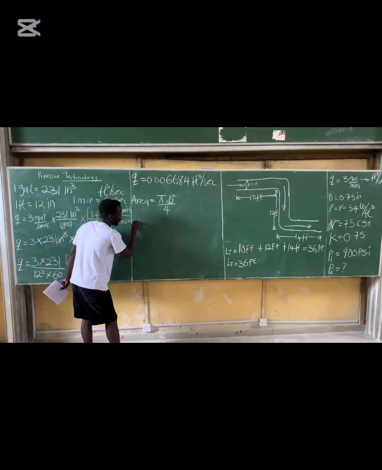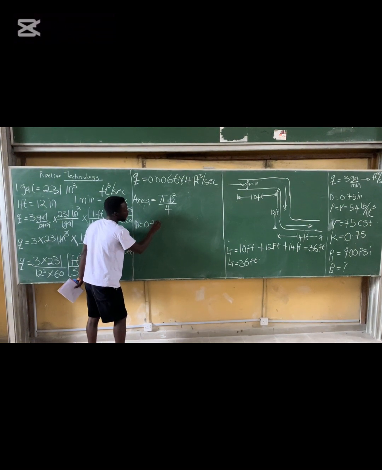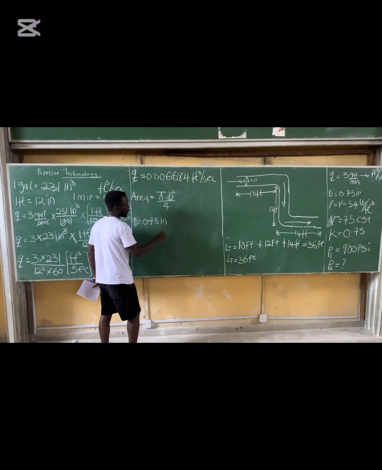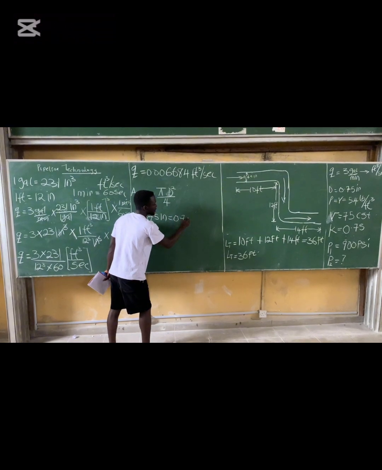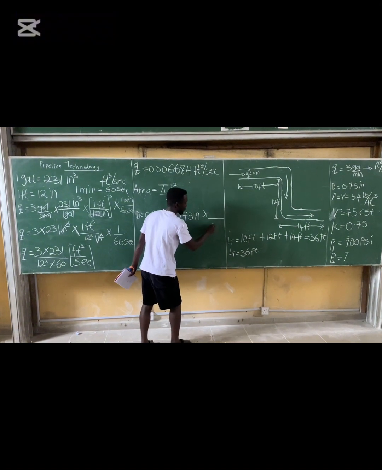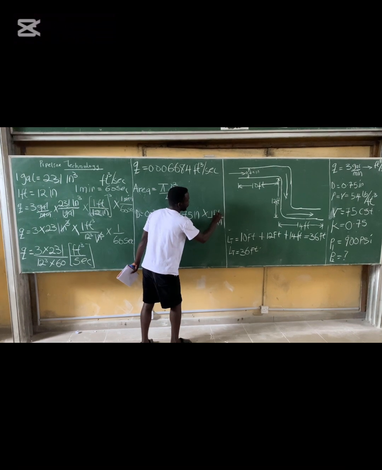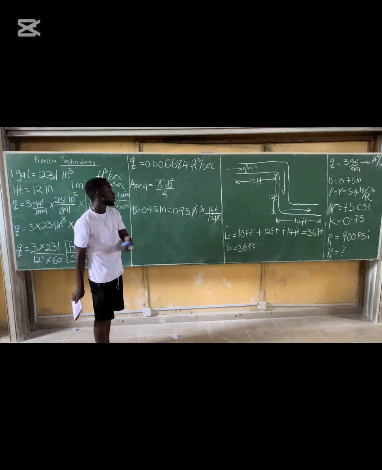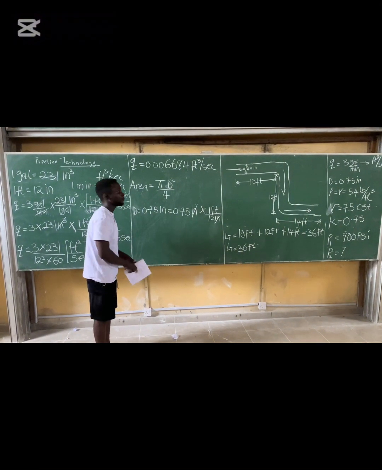So therefore, diameter equal to 0.75 inch. 0.75 inch will be equal to 0.75 inch multiplied by 1 foot over 12 inch, such that inch will be able to cancel out inch. If you have problem in your conversion, please do well to watch our conversion video.